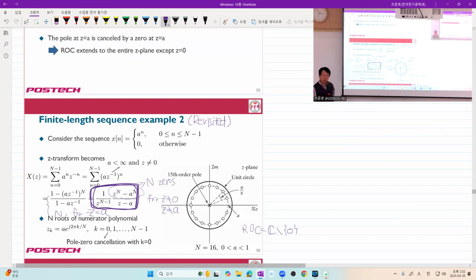But as I told you, this expression holds when you have A non-zero, where Z is not A. When Z equals A, here you have all ones. So you have that one, right? Now, let's see this one.